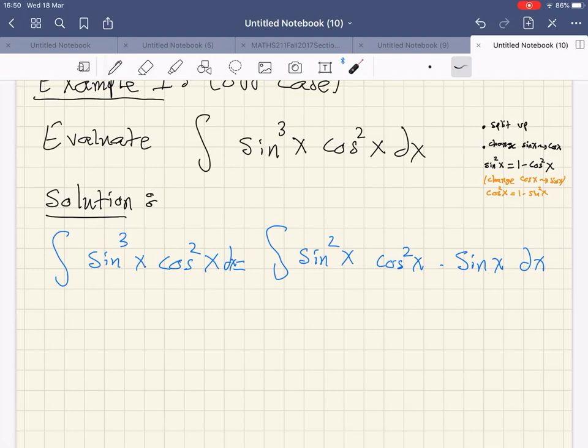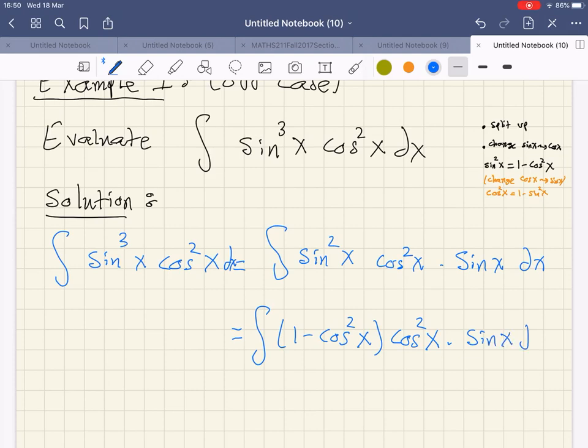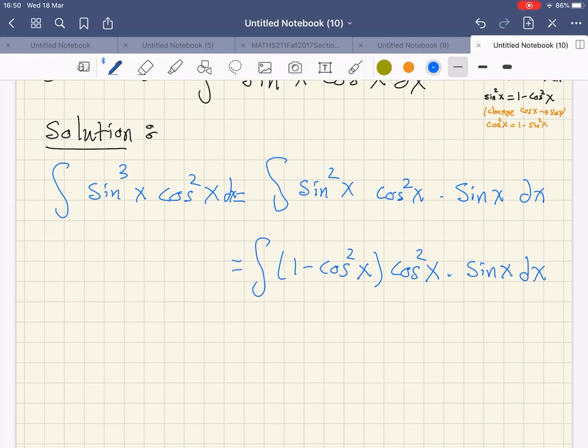So let me do the changing here. As we said, we change sine squared into 1 minus cosine squared x, and then we have cosine squared, and then we have sine x dx. That's the first step. Now, everything here is cosine, so I will do a u substitution.